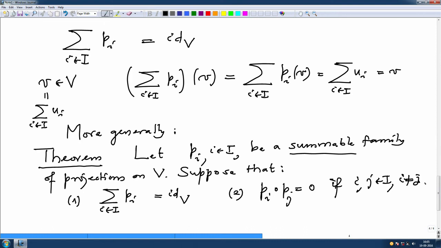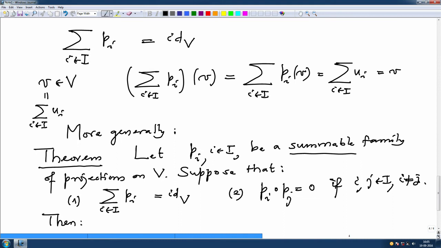Then what is the conclusion? Then we want to decompose V into a direct sum decomposition in such a way that the projections which will come from the direct sum decomposition as above will coincide with this given family Pi. Okay.